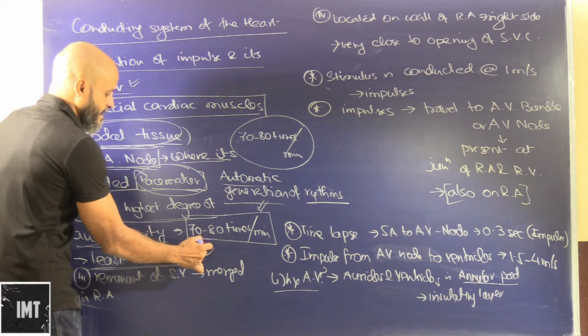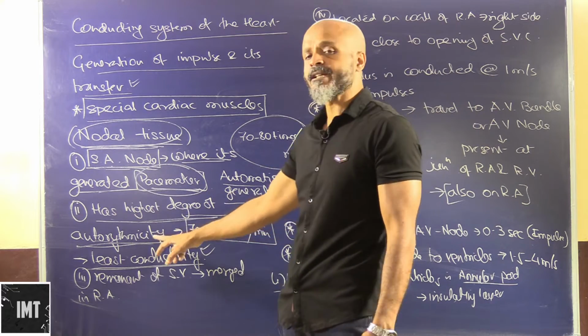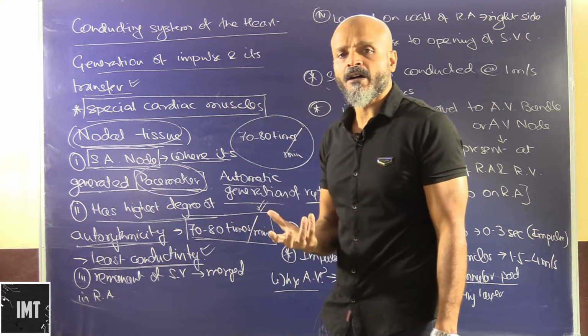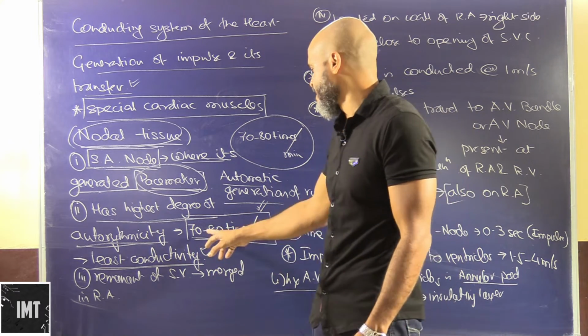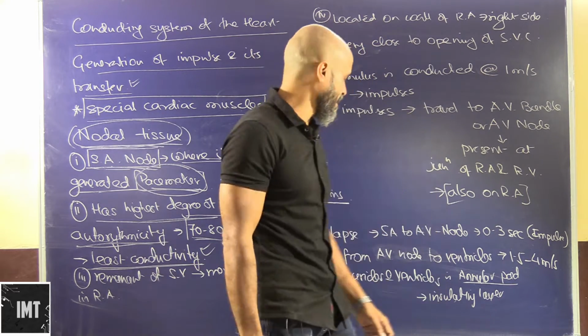This is one important thing we have to understand. In the sinoatrial node, the rhythms are generated automatically, 70 to 80 times per minute, with the least conductivity.